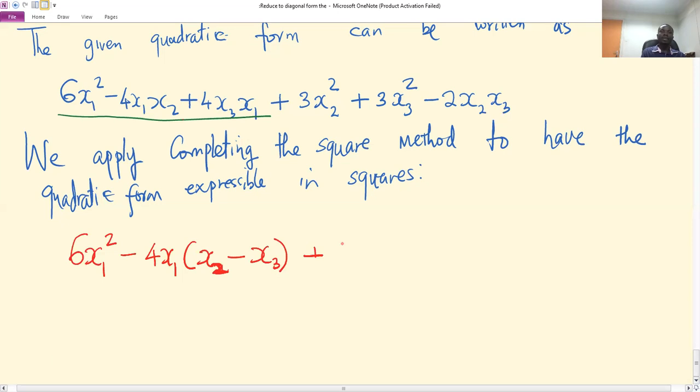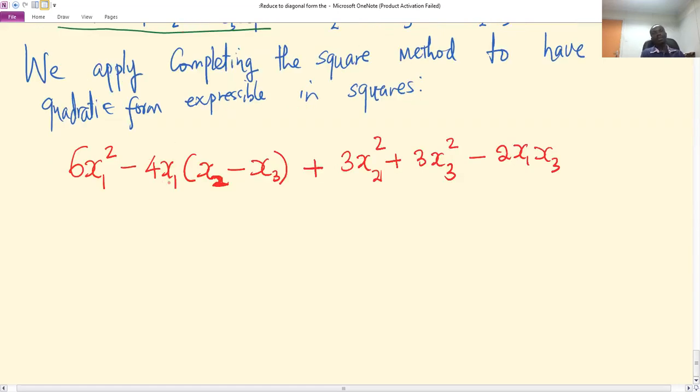And then plus 3x2 squared plus 3x3 squared minus 2x1 x3. I want to concentrate on these first two terms after factorization of minus 4x1.